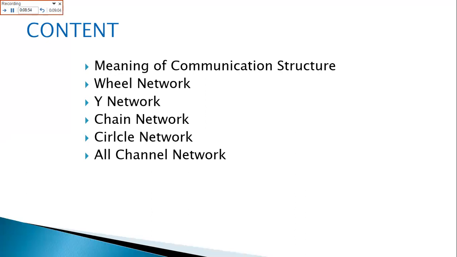Circle network, it is pattern of communication network in which message is communicated in circle. That is, each person can pass the information to his or her adjoining 2 persons, right or left.